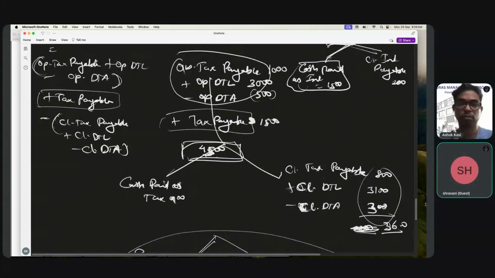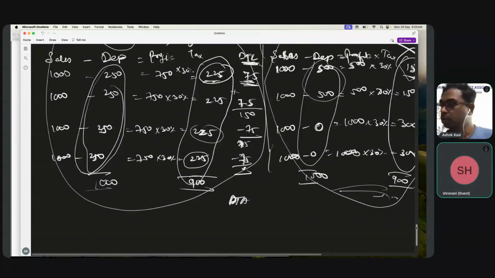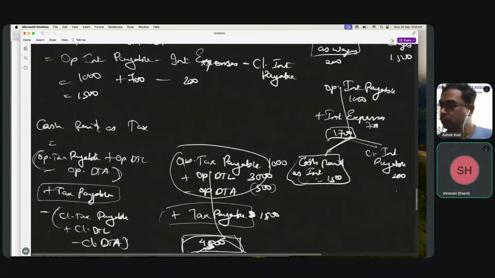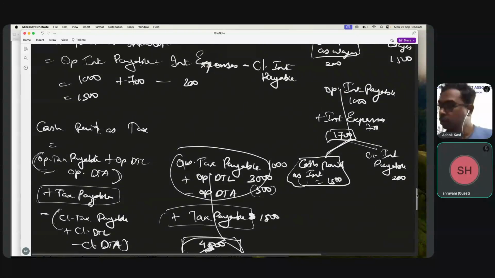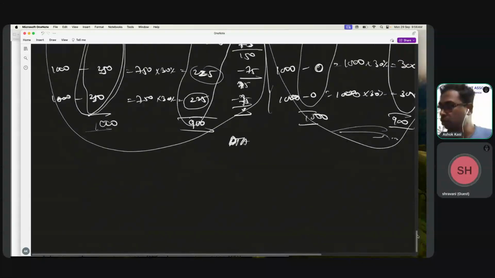We can continue for 15 minutes. Okay, fine. So till here you understood, right? Yes, till here. Okay. So now I'll give you some simple sums to practice all this.